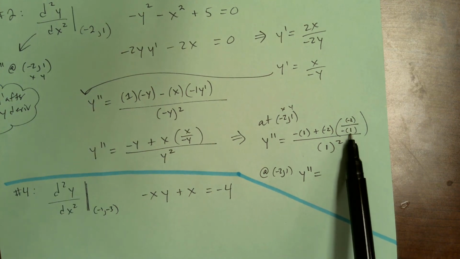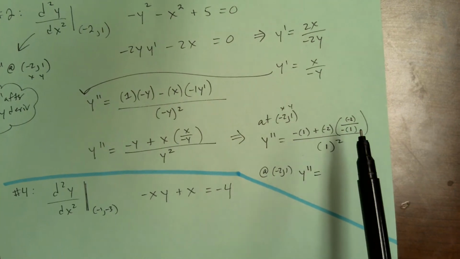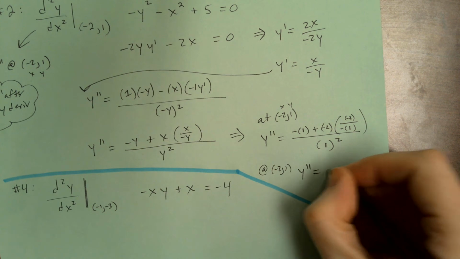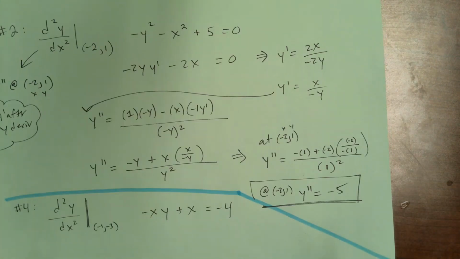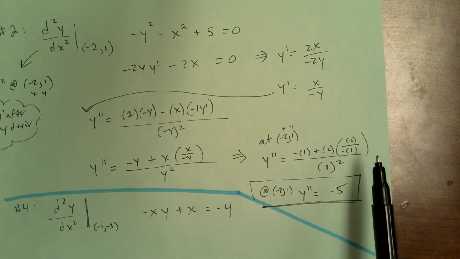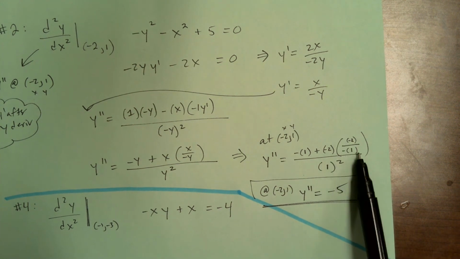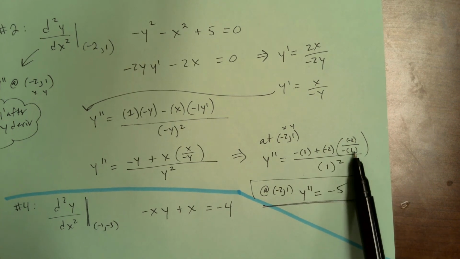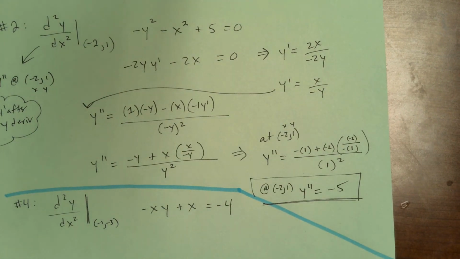Because that's positive 2. So negative 1 plus negative 4 is negative 5. I think I'm right. Let me double check. Positive 2 times negative 2 is a negative 4. So that's negative 4, negative 1. Okay.